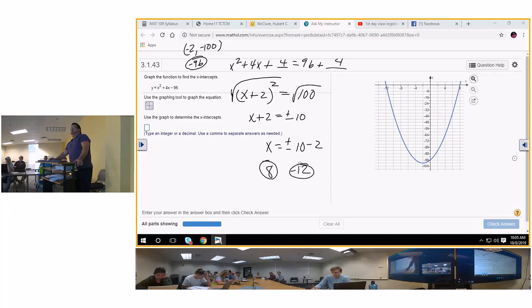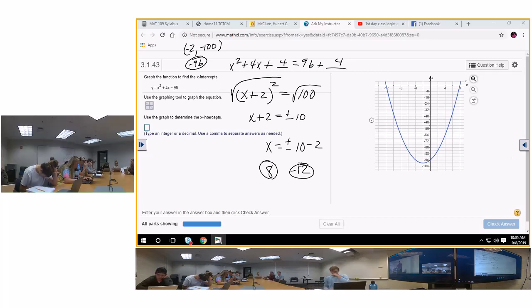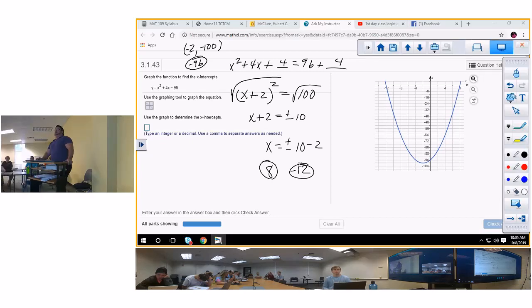So I guess you put those in. It looks like whoever did this did negative 12. Looks like it should be right. Oh, use the graph to determine, I don't know what they mean by that. Are you supposed to type them in? Who sent this one?